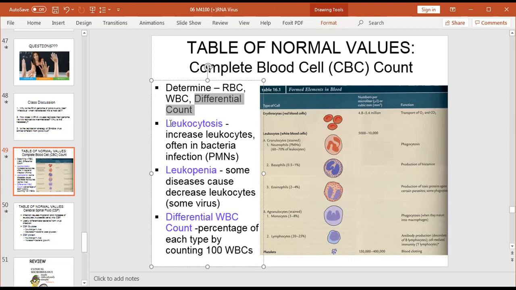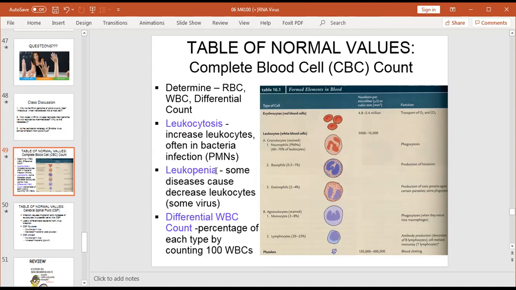So, increase in the number of leukocytes is referred to as leukocytosis. We usually see leukocytosis in bacterial infections, where PMNs, polymorphonuclear cells, or neutrophils will be increased, the first type of white blood cells. And some diseases, and even some viral diseases, cause a decrease in the number of leukocytes.